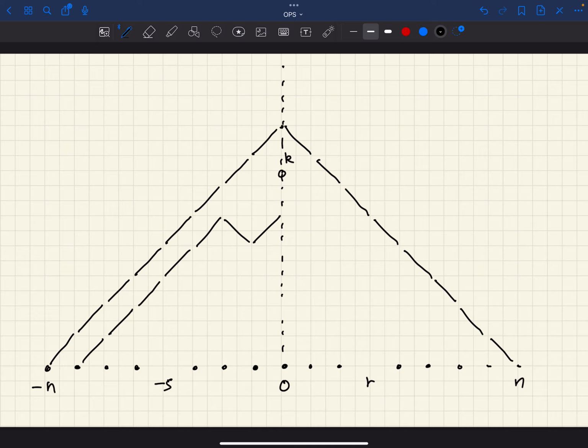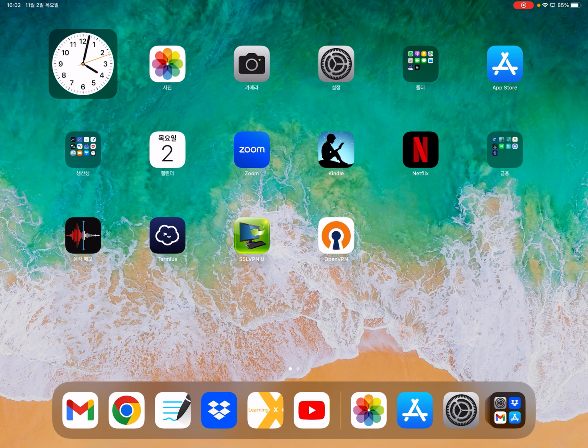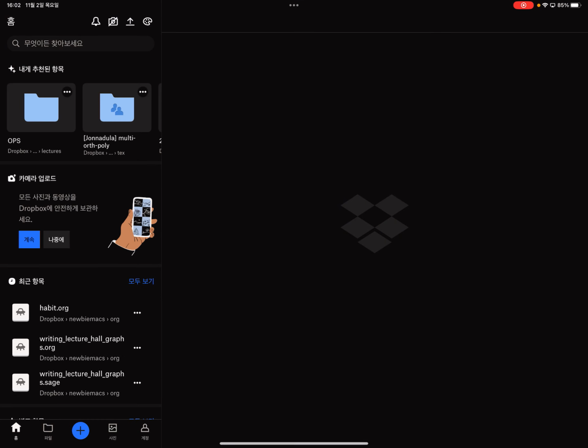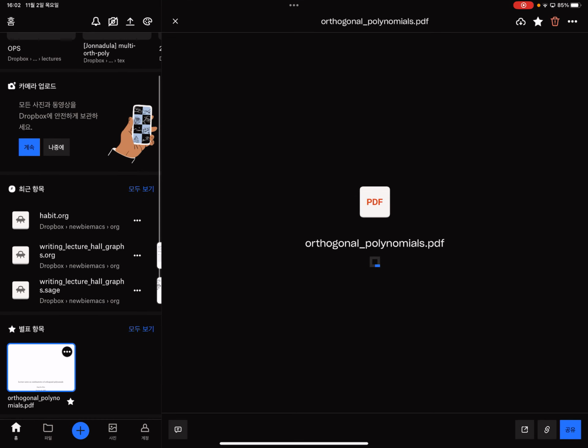Yeah, something is slightly off. Maybe I should have copied this. Yeah, I think it was a bad idea to create this just right now. I think I can just show you. This one, okay.